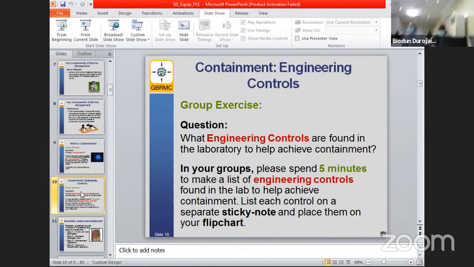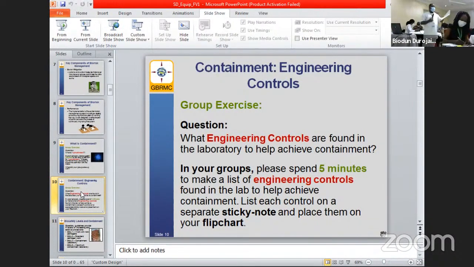Now we have quite a number of those engineering controls that we expected and that have been covered. They include building ventilation systems. You have mentioned access control, traffic flow patterns, even hands-free control systems.